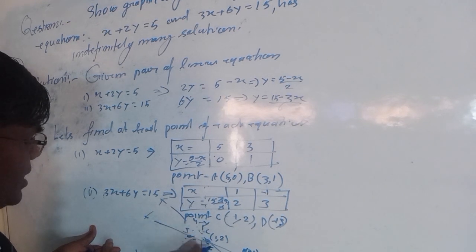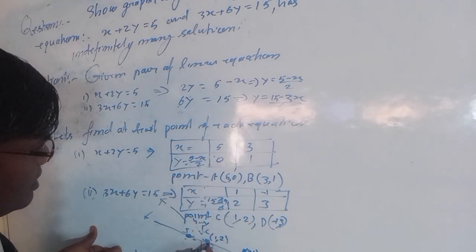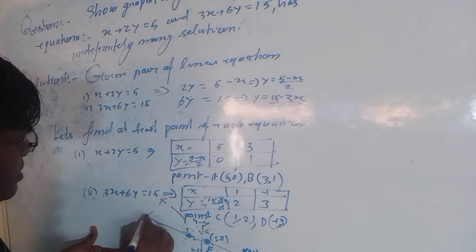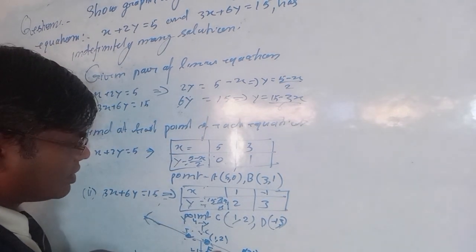Okay, this line 1 and 3. So 1 and 3 becomes this line, and that will make it coincident. Okay, it became coincident.